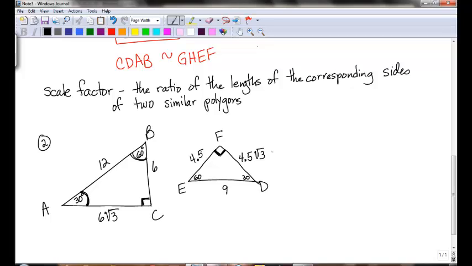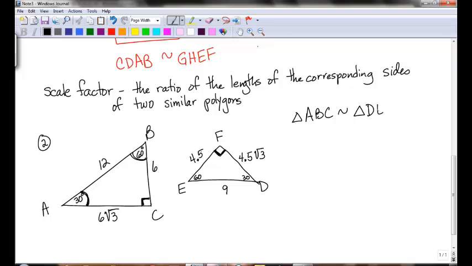Okay, now, in order, I would write down what I think is the similarity statement. So if I write down triangle ABC is similar to, A matches up with which angle? D. B matches up with which angle?